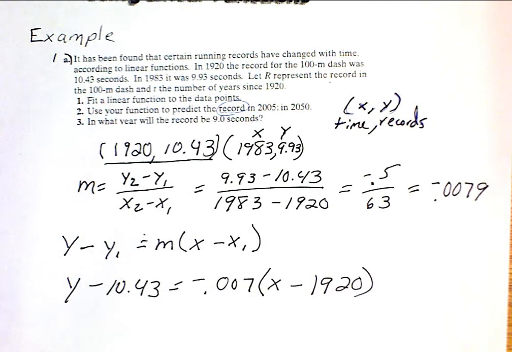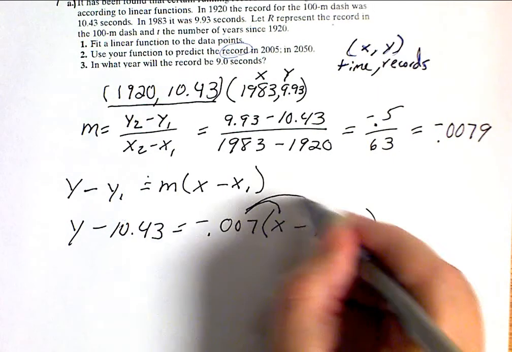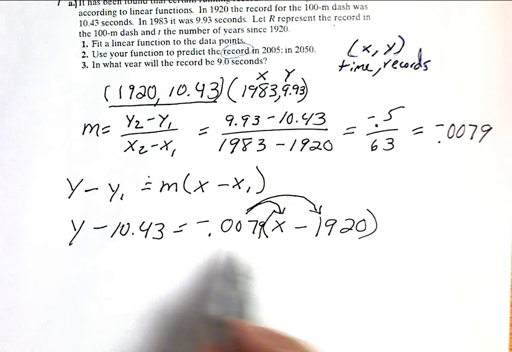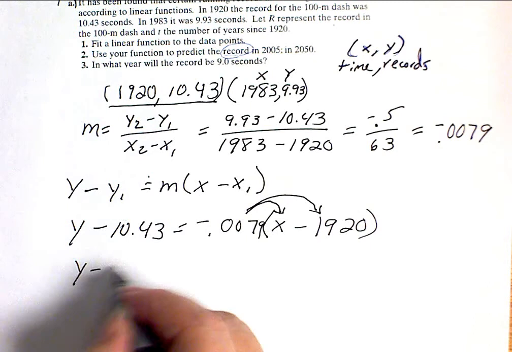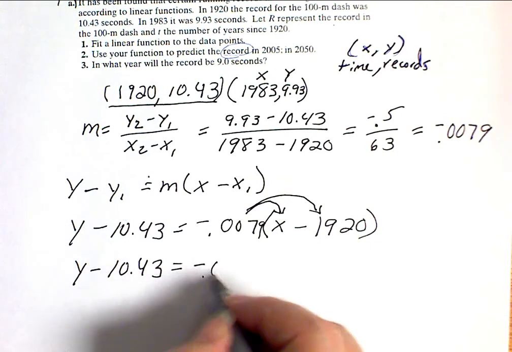All right. Then we're going to distribute the slope. Distribute that, so I get y minus 10.43 is equal to negative 0.0079x.